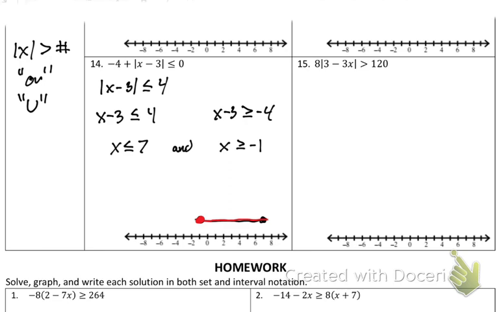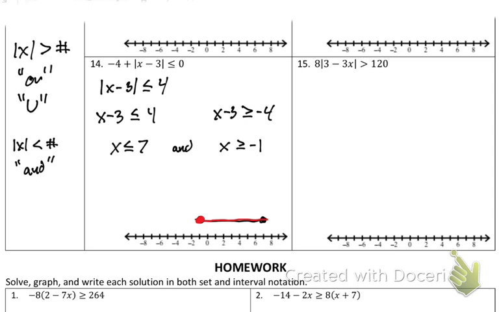That's where that and comes in. And restricts all of your statements to it has to be between these two numbers. So if we do the same thing, absolute value of x is less than some number, we're going to have an and statement.